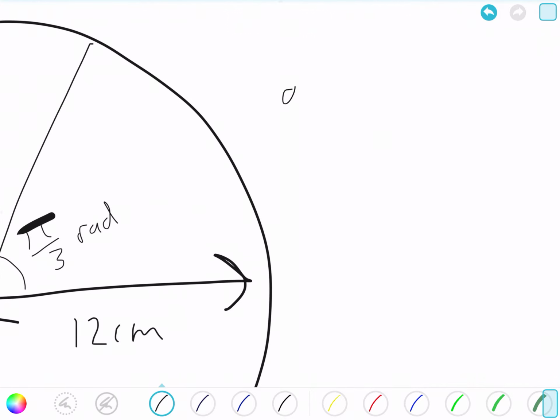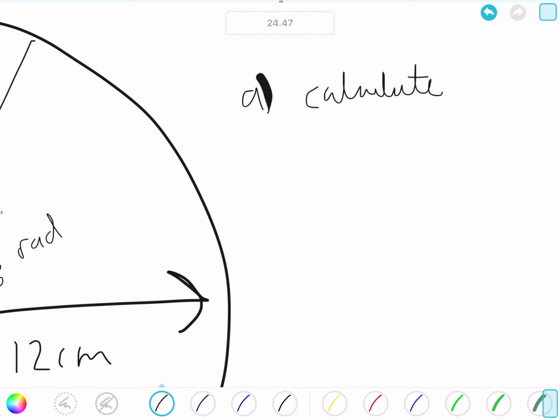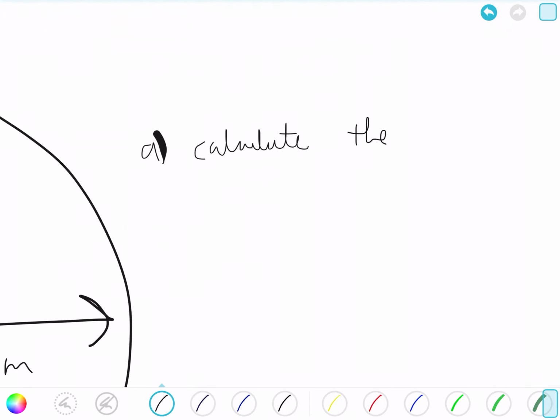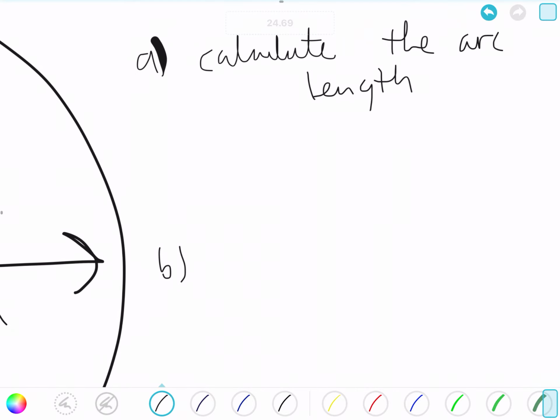The question might be: calculate the arc length and calculate the area of the sector.